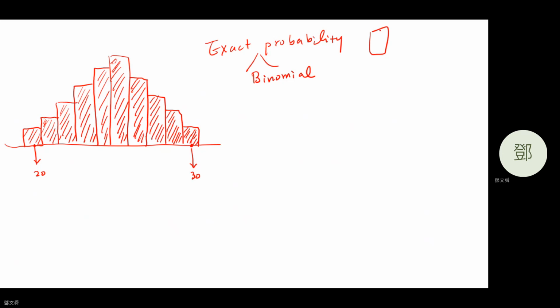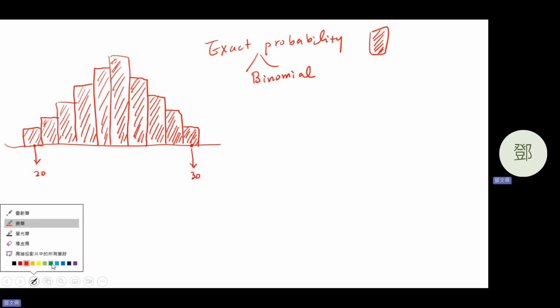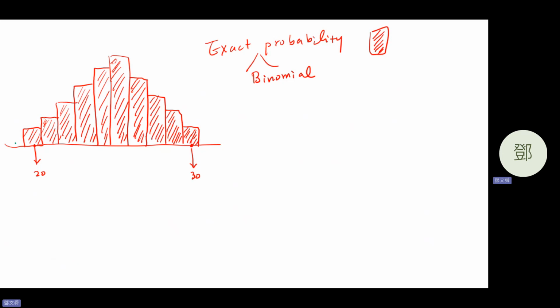The red shaded area, okay? And what is this? This is the normal approximation probability. This is the probability approximated by the central limit theorem. Here, and here. Like a Christmas tree, right?